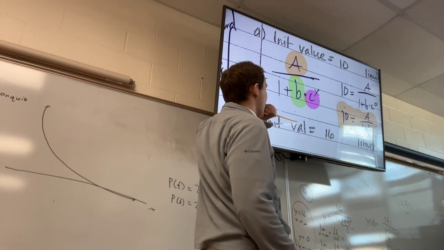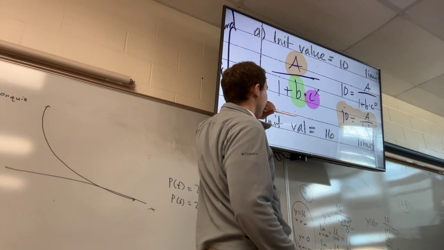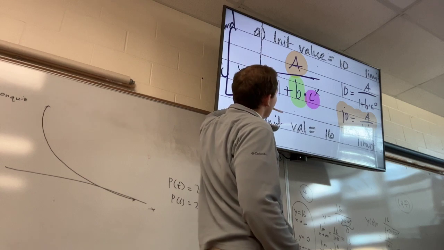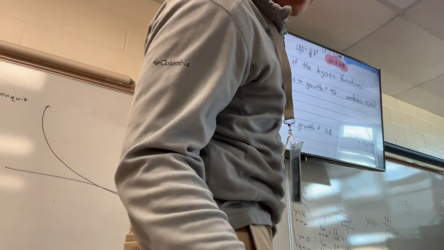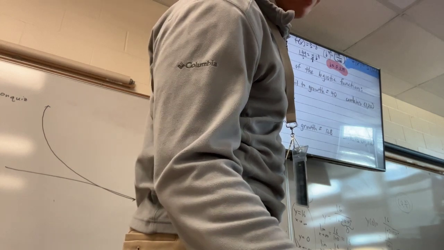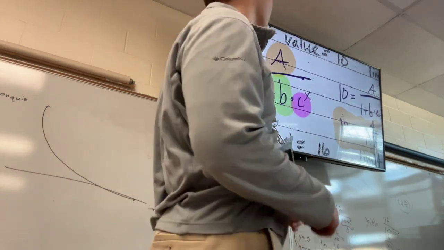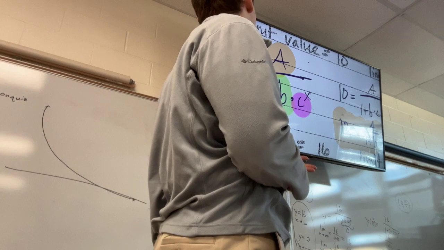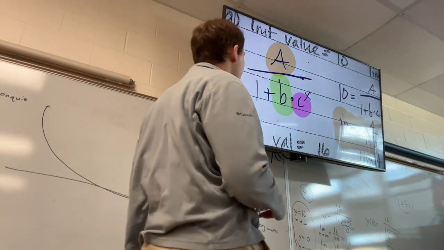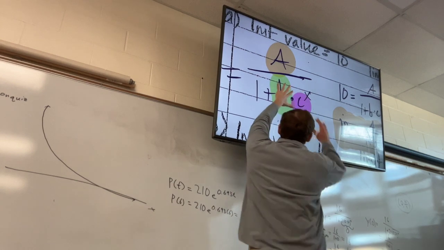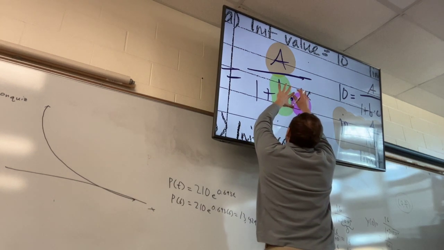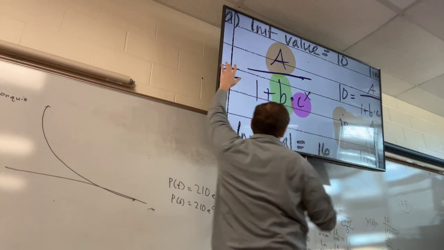So that limit to growth is going to happen when this stuff just disappears and becomes 0, okay? So when this is gone, y is going to be 40.